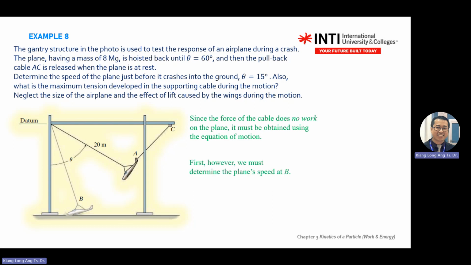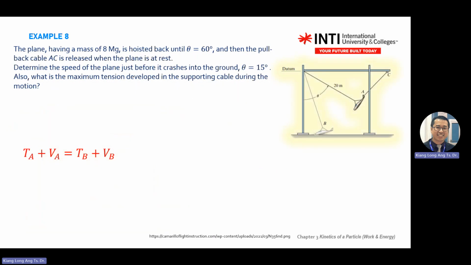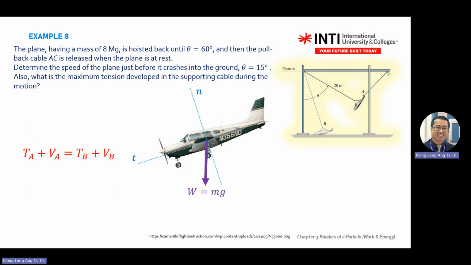Okay, this one you read. So you draw the plane from position A. It's a circular motion, so there's a normal and tangent direction. Weight always points down, and there's no engine turned on, so there's no forward force, and only gravity does work.